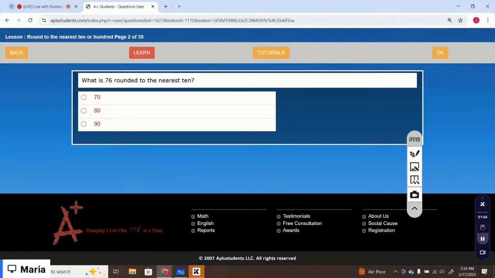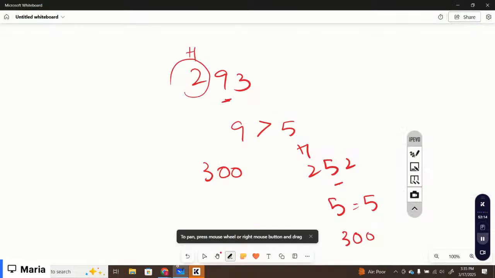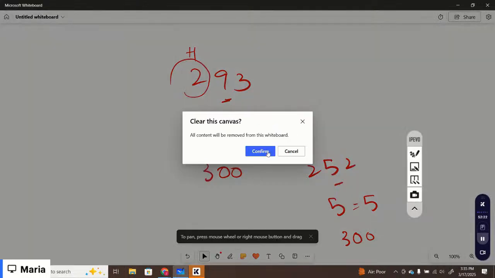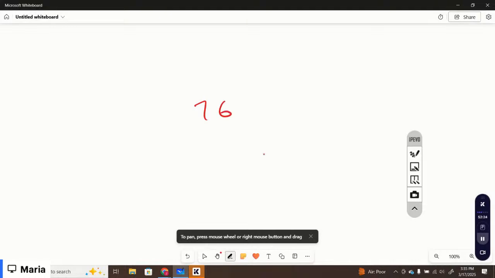What is 76 rounded to the nearest 10? So which is the correct option? 76. The tens digit is 7. Right next to the 7 we have 6. 6 is greater than 5.